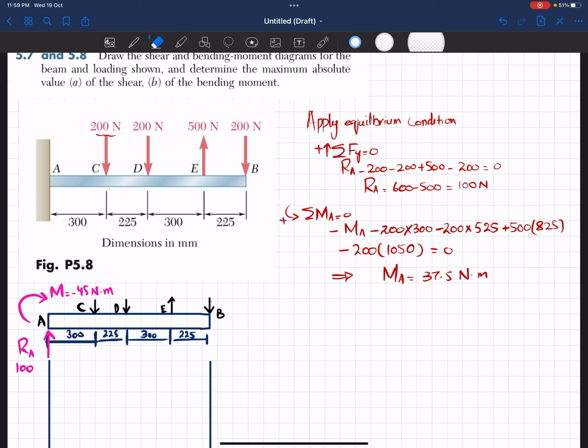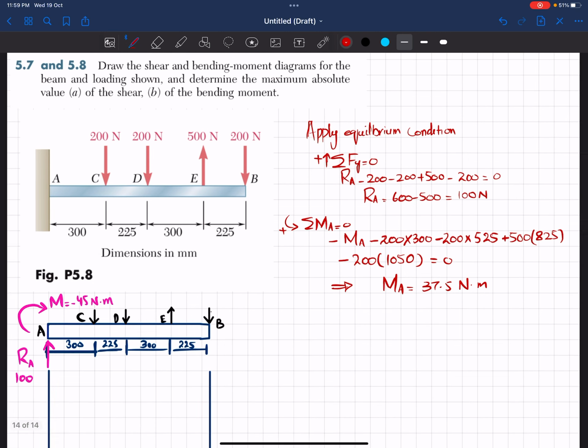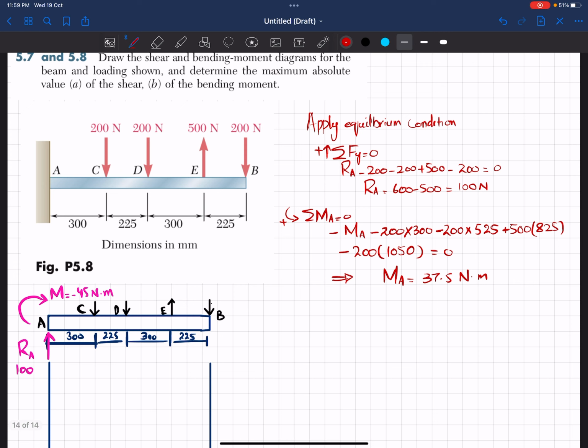First, we will section the beam at this point, at B or just away from B. This is point B. Here the load was 200, clear, and from B to E the distance is given as 225. You can section the beam from B to E anywhere.